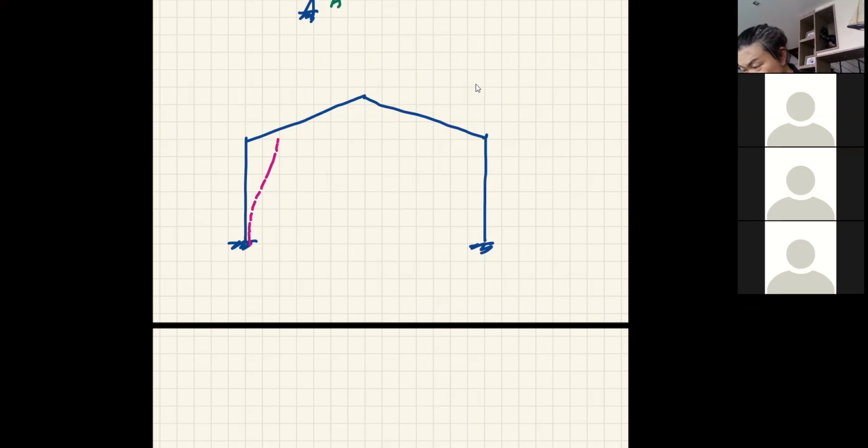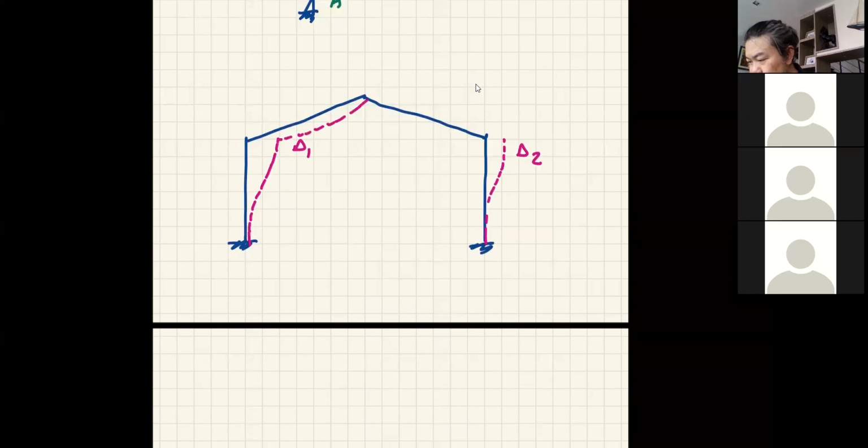The two displacements are not necessarily equal, because of the nature of the cable. You can have delta 1 here and delta 2 there, and the distance here becomes the difference, delta 1 minus delta 2, something like that.